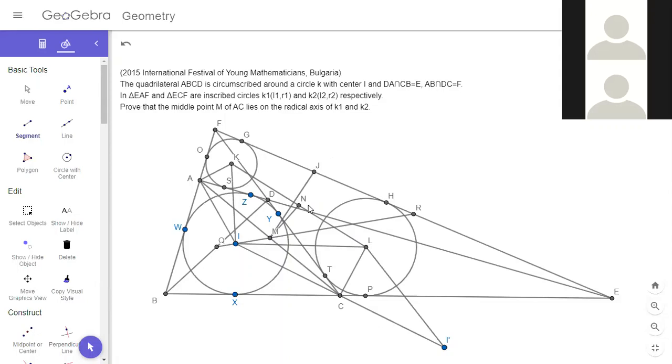Yeah, I am very curious how they would figure this out. We can try using gliding on J and M, because they are also midpoints.